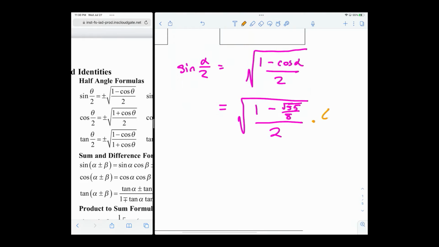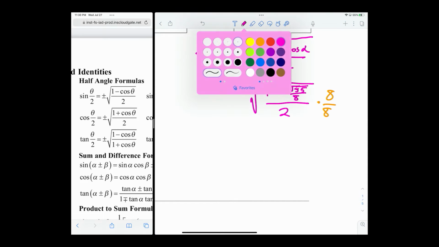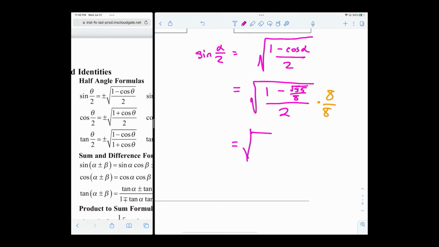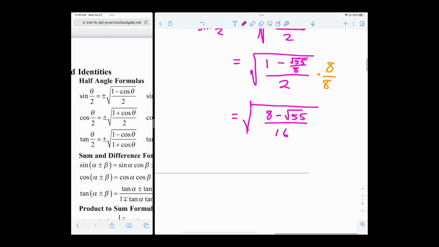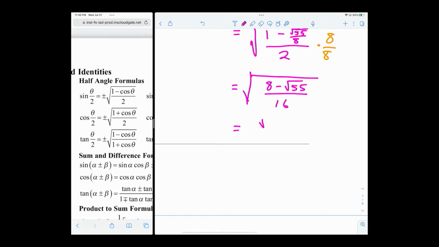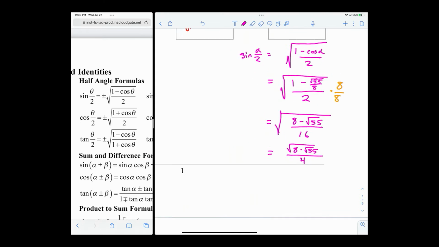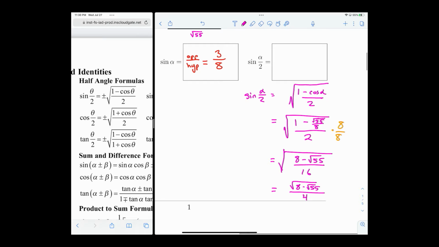I could multiply by 8 over 8 in there, similar to what I did on the previous one, in which case I would get 8 minus root 55 over 16. And I could turn that into square root of 8 minus root 55 over 4 if I take the square root of 16. So I guess that's what I have.